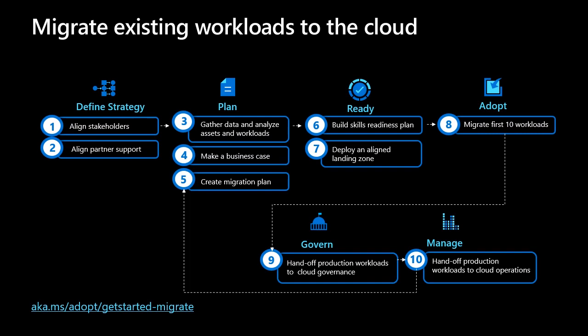There is a link here, aka.ms/adopt/getting-started-migrate, that creates a version of the cloud adoption framework that's specifically focused on migration. As you can see here, there are different steps. Step number 1 and 2 is to align your stakeholders and align your partner support under define strategy. Under plan, you gather your data and analyze assets and resources, make your business case, create a migration plan, and so on and so forth.